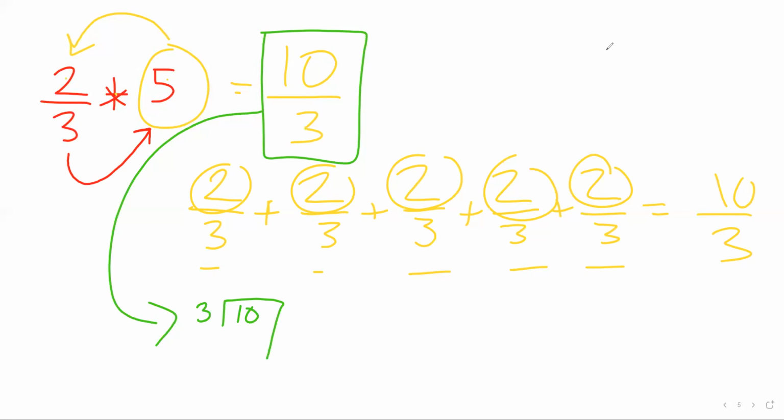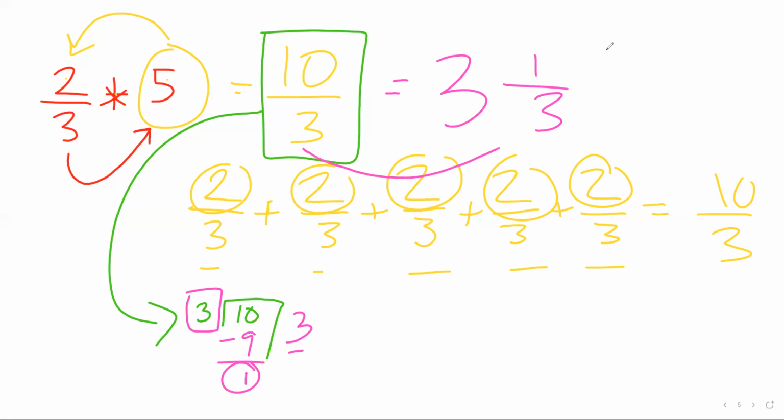Well, 3 times 3 equals 9, and it gives me 1 left over. Oh, so there you have it. This is the same thing as 3 wholes and 1 left over out of 3, because my denominator is not changing. So 2/3 times 5 is 3 1/3.